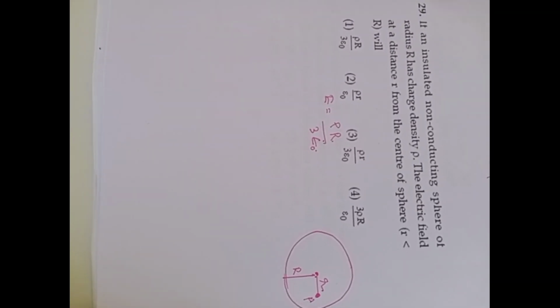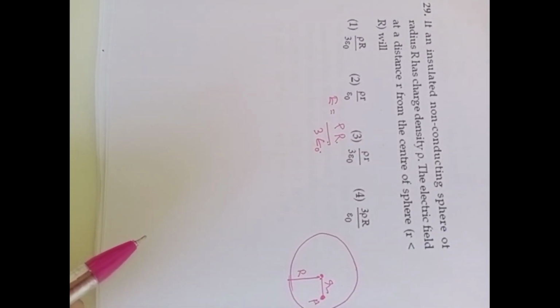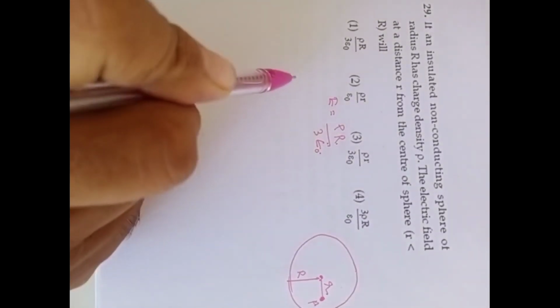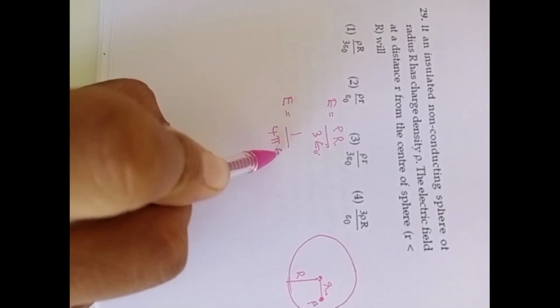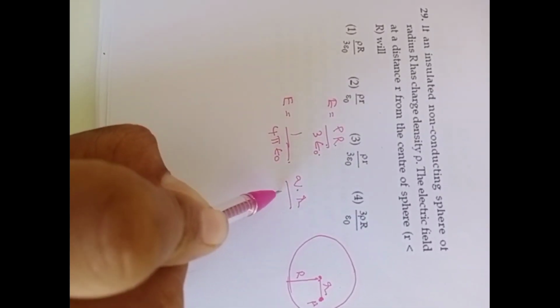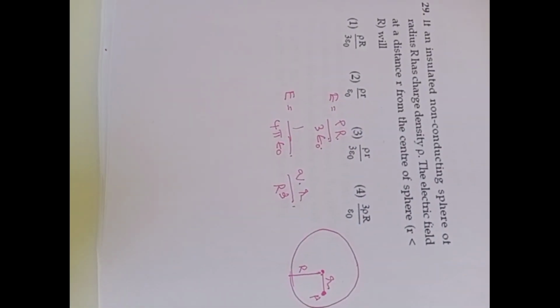Or how this formula came, you can have one more formula also. E is equal to 1 by 4 pi epsilon naught q into r by R cube. Using this formula also we will get the answer.